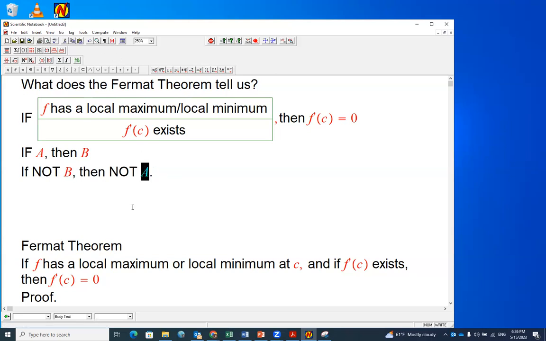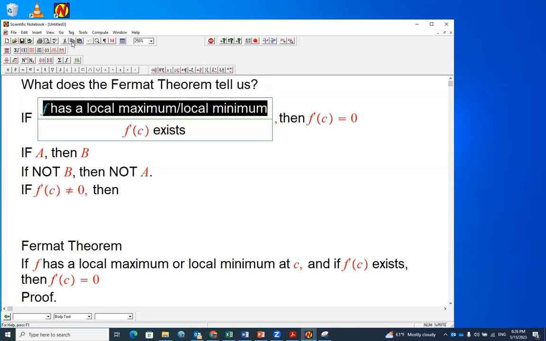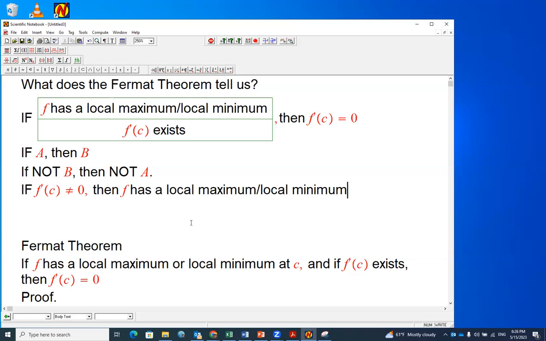Then what does it mean in this case? If the derivative is not 0 at a point c, which is the opposite, and of course here we already assume the derivative exists, then f has no local max or local min.